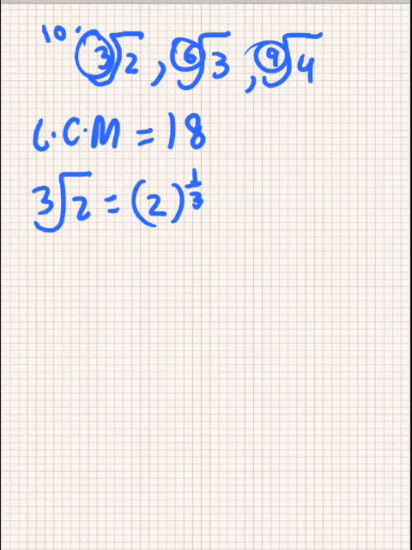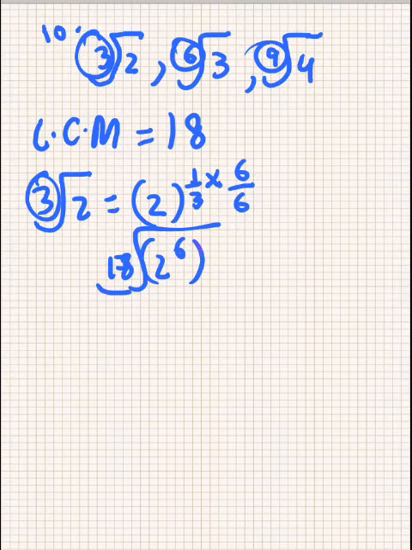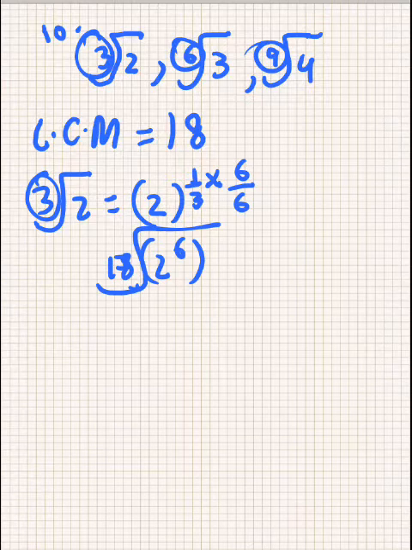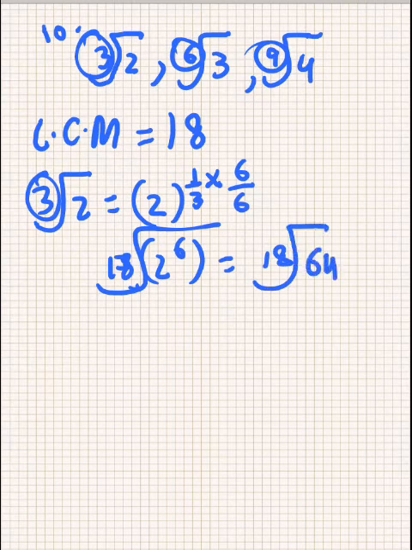Now we have to make this part 18, so we'll multiply it by 6. We can take this as 2 raised to power 6 over 18. So 2 raised to power 6 is basically 64. So 18th root of 64.